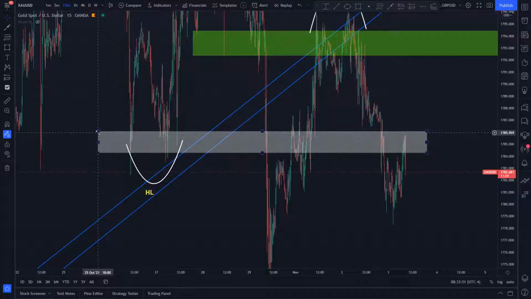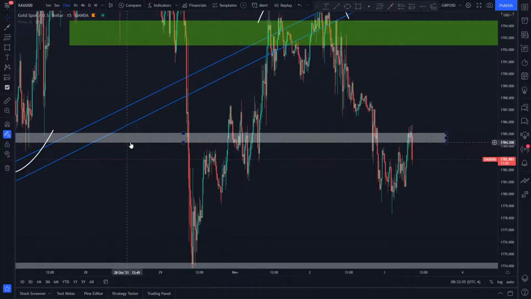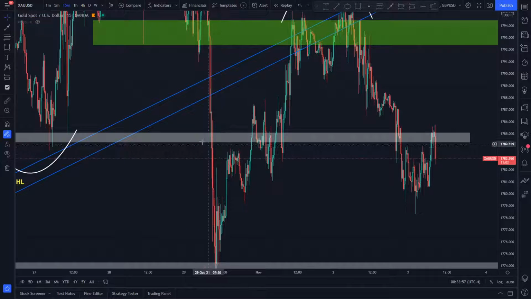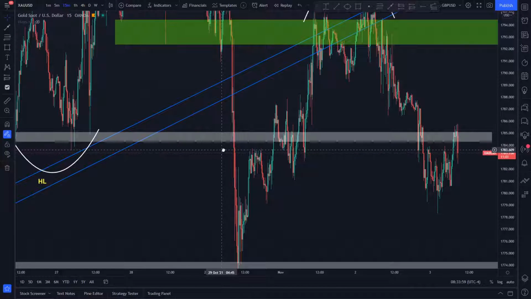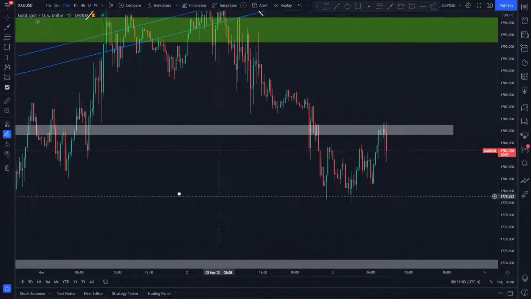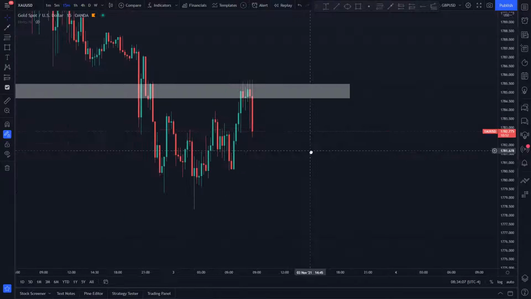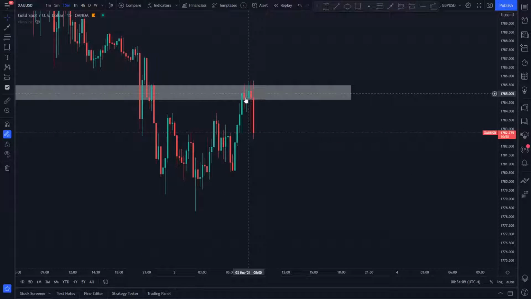Because this was support, and we know that support that is broken becomes resistance. So if we draw our zones correctly, that's when you can go to your lower time frames and actually trade it. You can wait for gold to come back to the recent high low, confirm it with some Japanese candlestick, and trade it.